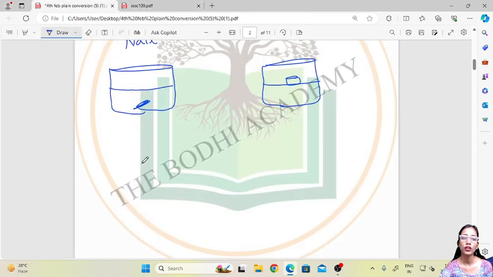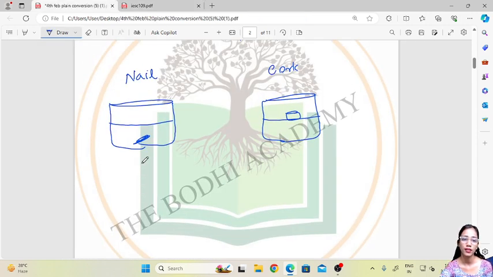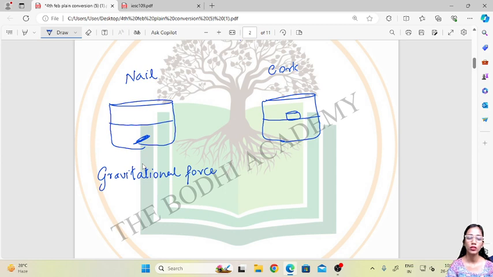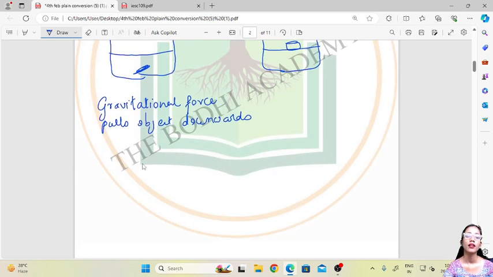So now we know that whenever we place an object inside the water, first of all there is always a gravitational force which pulls the object downwards, right? But there is also the upthrust, which pushes it upwards.